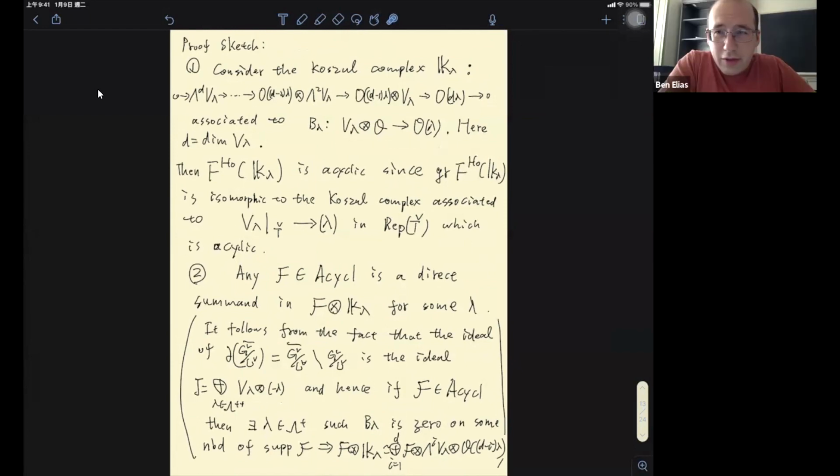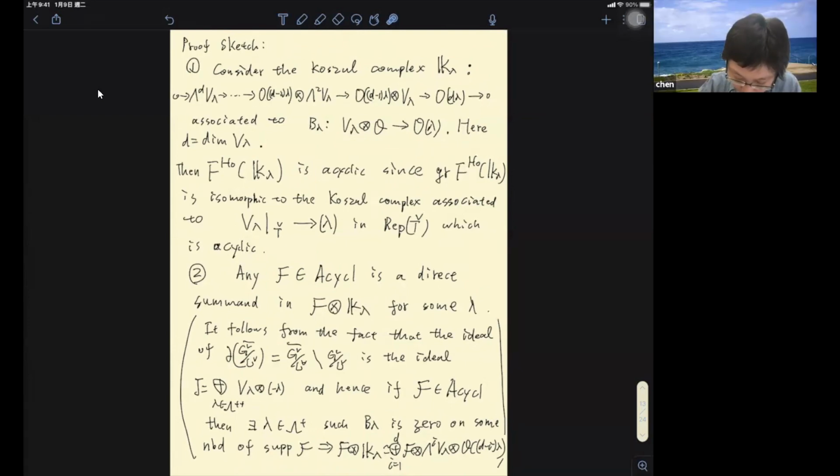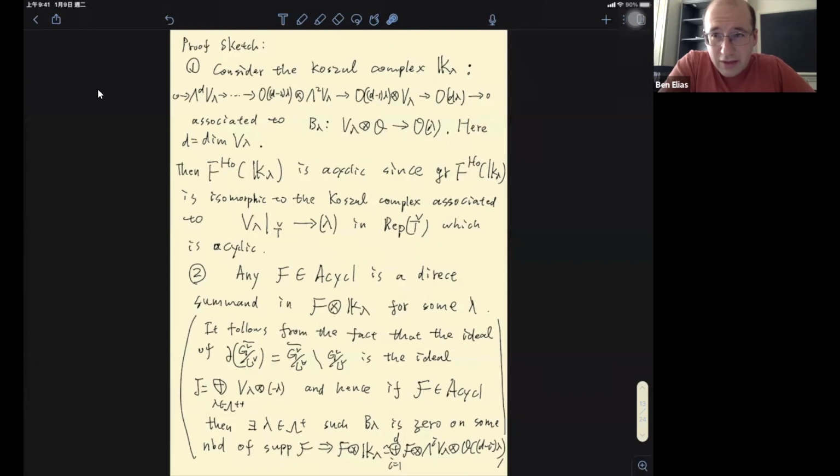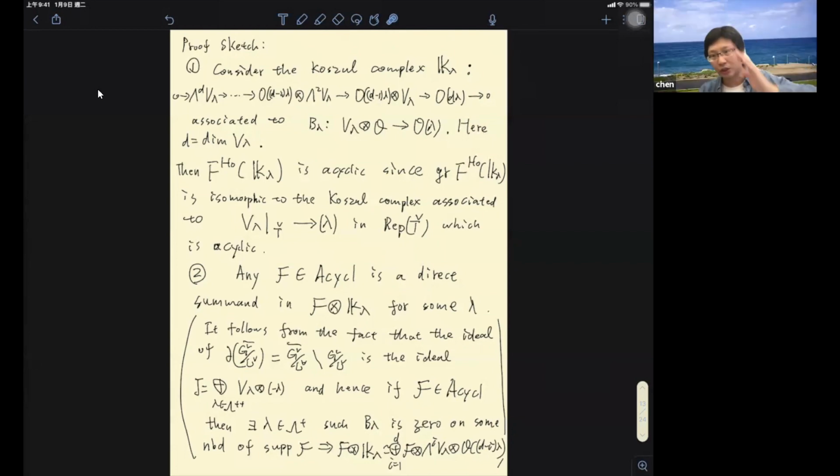I'm just trying to figure out what you mean by Koszul complex. Every time you have a section of a vector bundle, then you can form the Koszul complex. When you have a collection of sections of a vector bundle? Just one section. So what's the Koszul complex then?